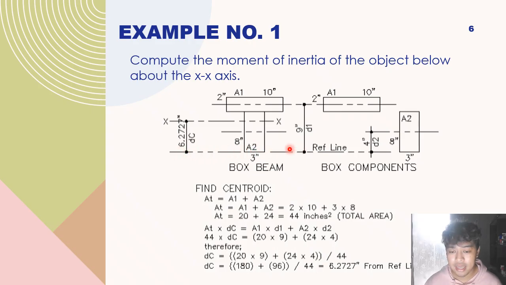You have a lot of shapes here. You can make two shapes, no? So you have here a rectangle on the upper portion, and a rectangle on the lower portion.